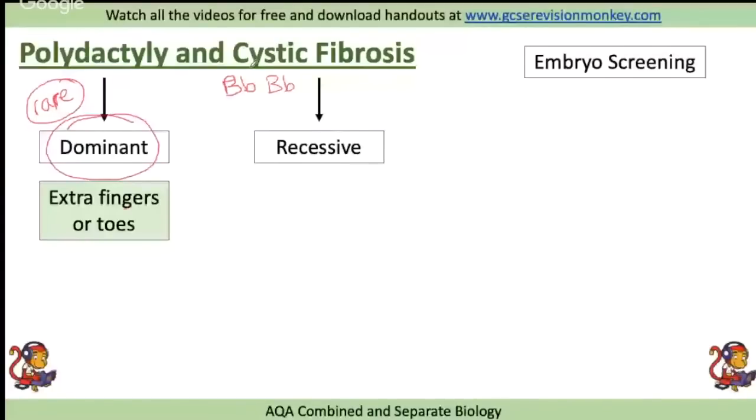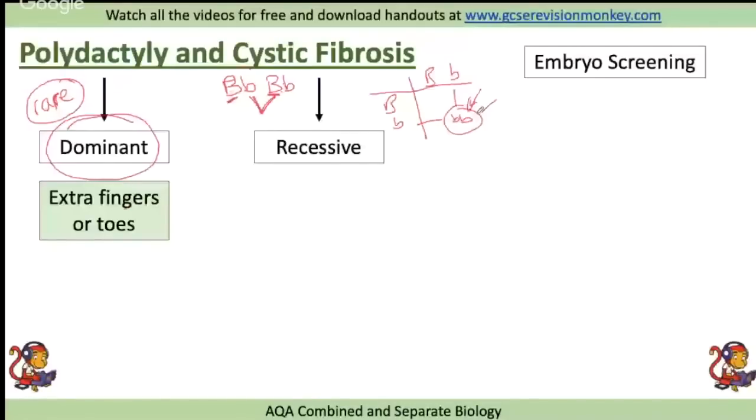If those two parents were going to have a baby, they themselves would not have cystic fibrosis because they've got a dominant allele for not having the disorder. However, if those two people reproduce and had a baby, because of the genetic cross, which we did a heterozygous one before, you would end up with 25% chance of their child having cystic fibrosis.